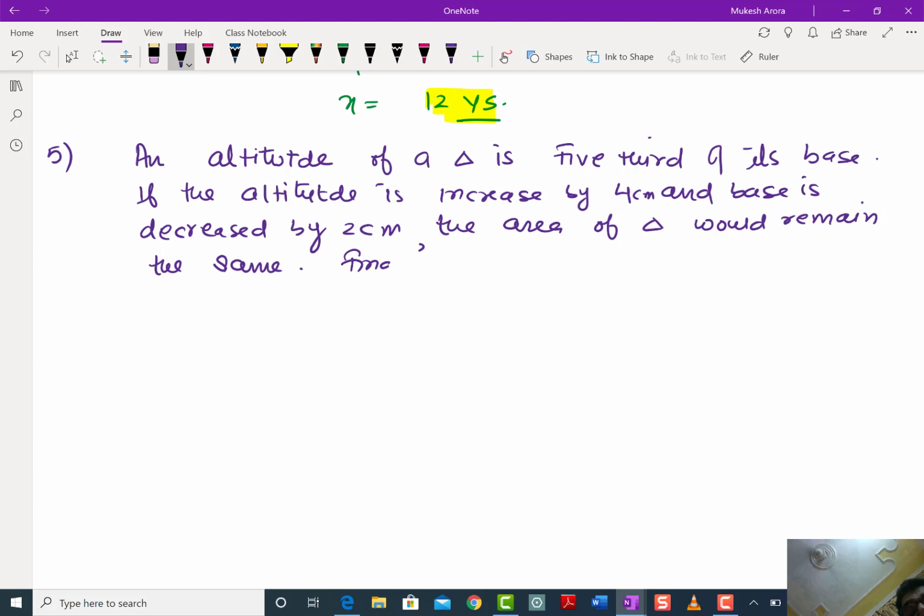Find the base and the altitude of the triangle.